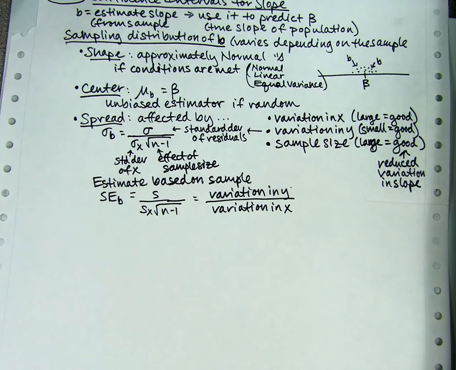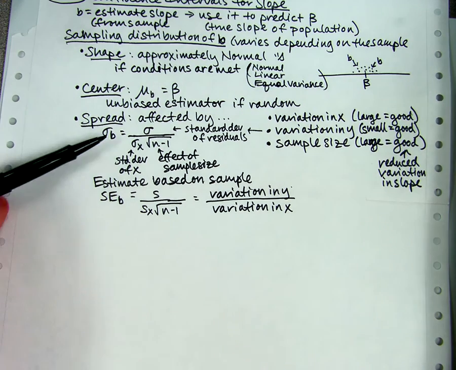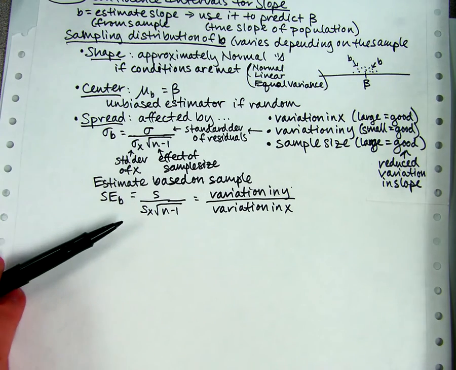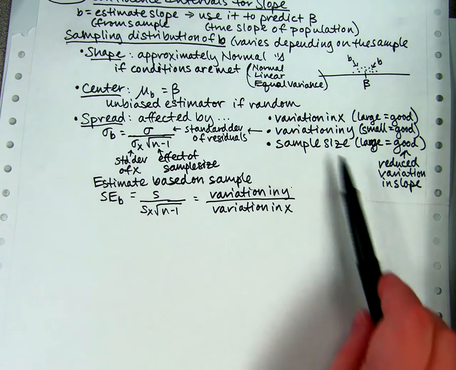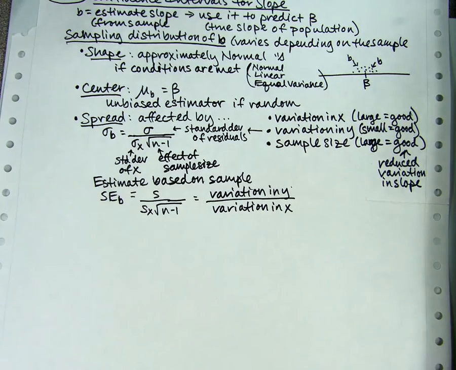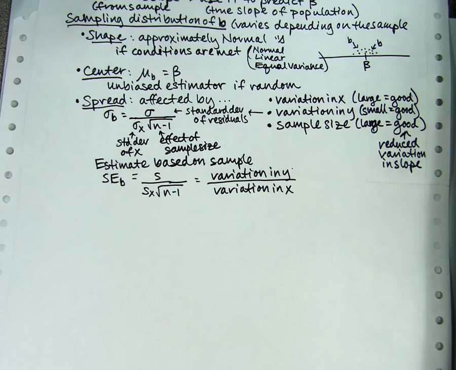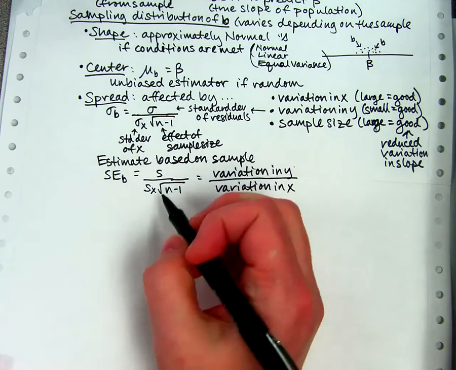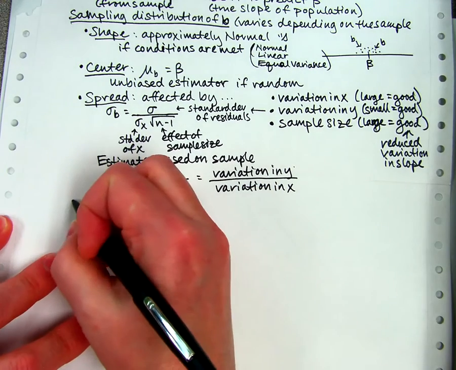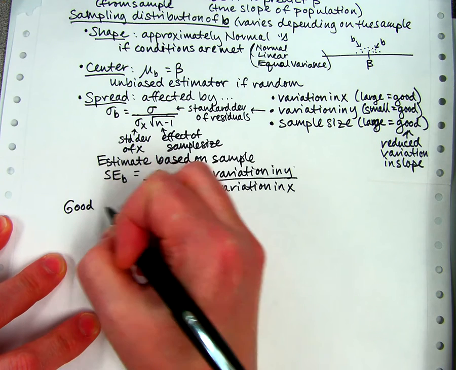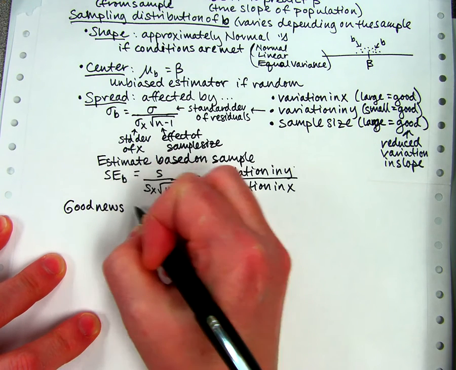Now, I have really good news for you before we go on, and that is most of the time you will not have to use either one of these formulas. The only reason they're here is I wanted you to understand some of the influences on the spread, because it's interesting, but usually we don't have to calculate this. Good news. The calculator or computer will do this part for us.